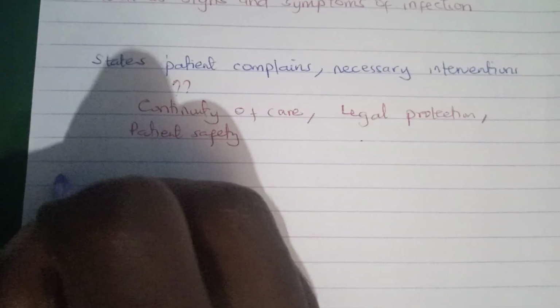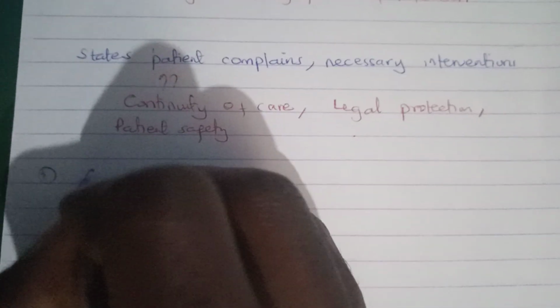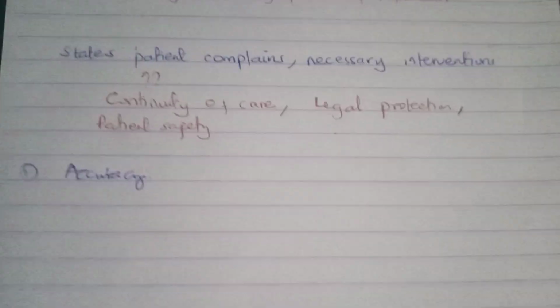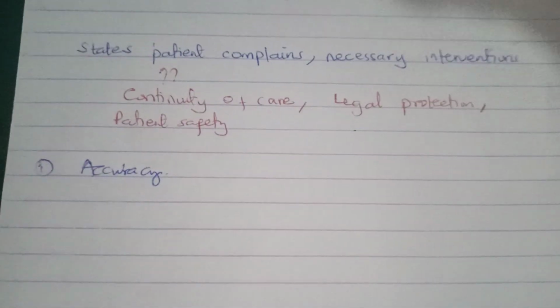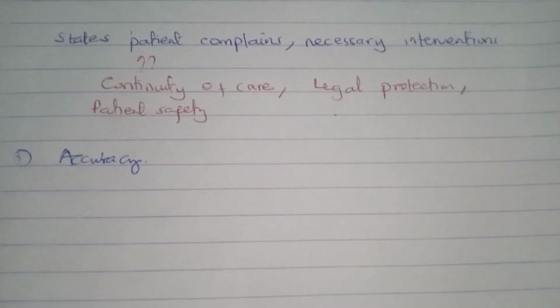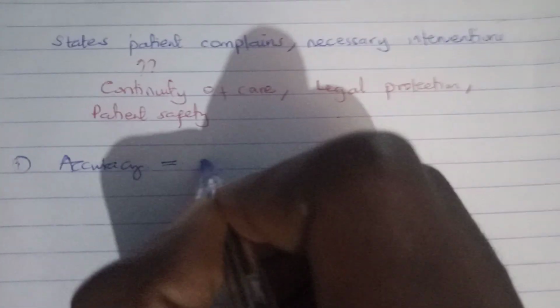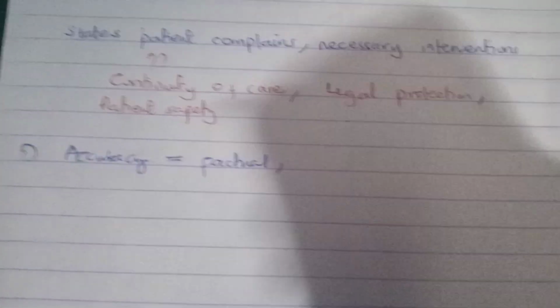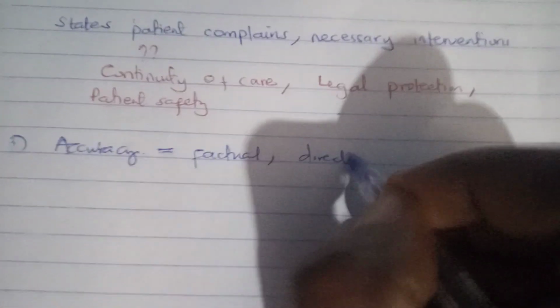So the first one is accuracy. Your nurse's note should be accurate. Any information that you give must be factual, and it should be based on your direct observation.